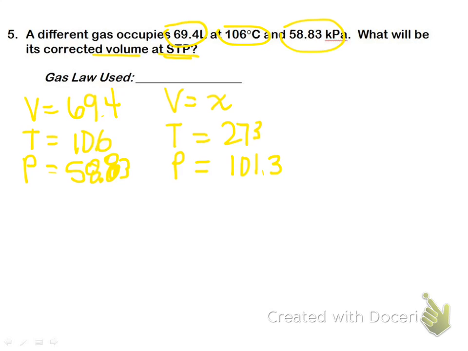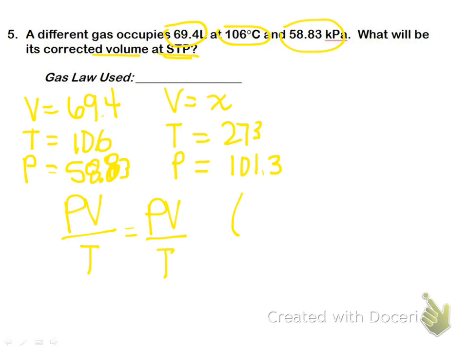Okay, so set up the entire equation. You'll see that this is another combined gas law equation because we have all of those variables shoved into one problem. If there's no N mentioned, then you can just ignore the N. But all the other ones are combined gas law.